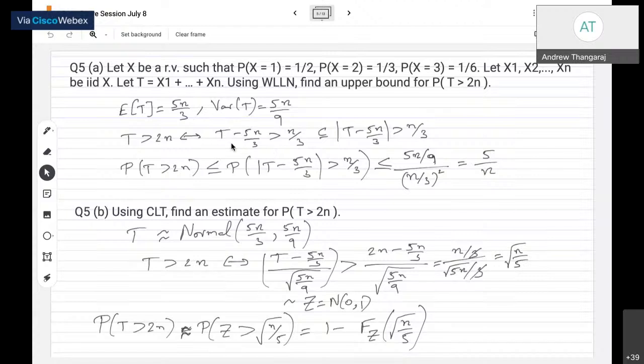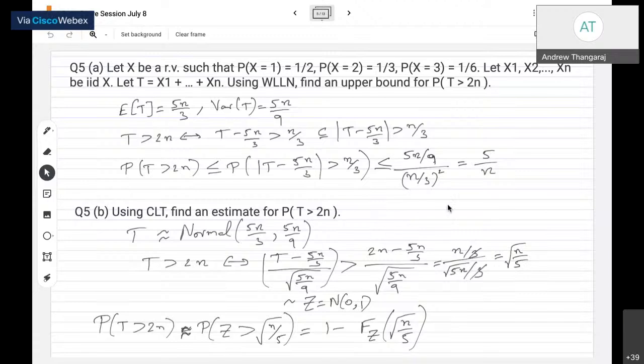Because 5n by 3 is the expected value of T. And this event is contained in the absolute value of T minus 5n by 3 greater than n by 3. This is the crucial step. Once you finish this step, the probability of T greater than 2n is less than or equal to the probability of this event.